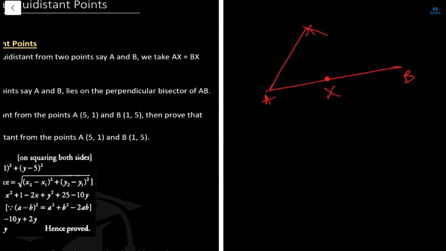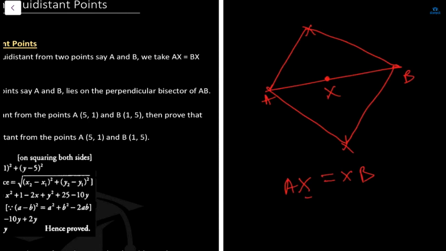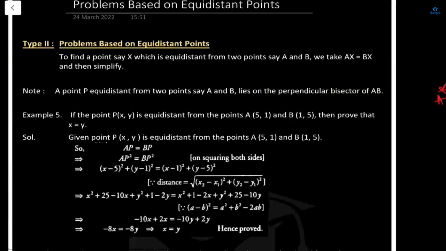It may be mentioned that the point X is equidistant from points A and B. So you find the distances AX and XB, and they will be equal. X will not be given to you, but it will be mentioned that X is equidistant, so you need to find the coordinates of X.